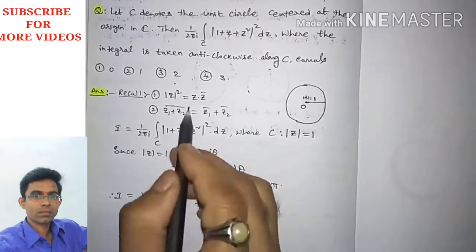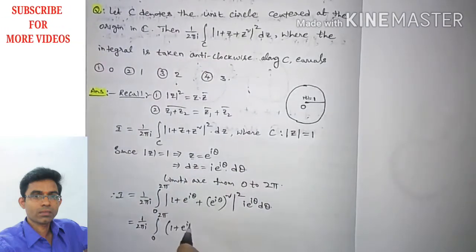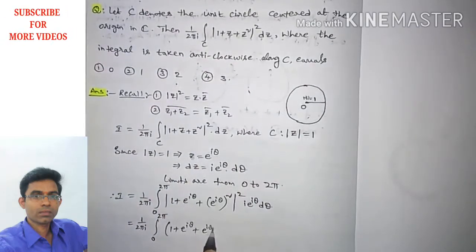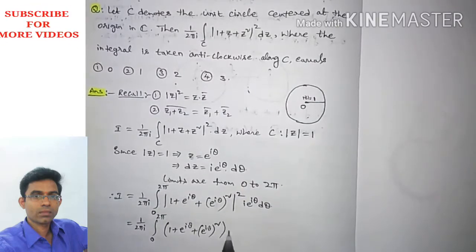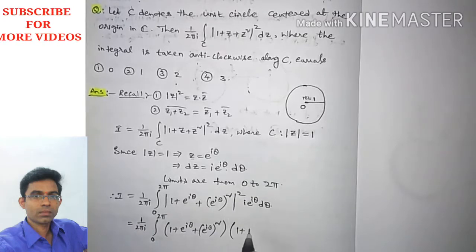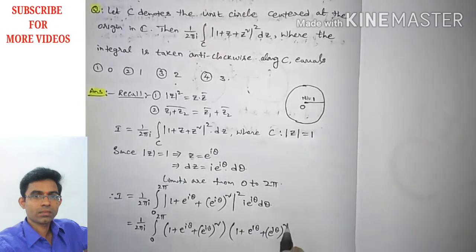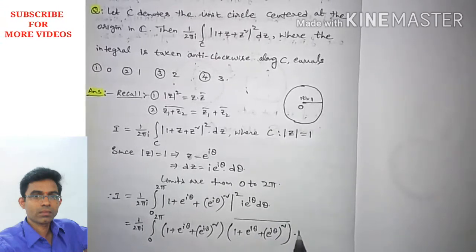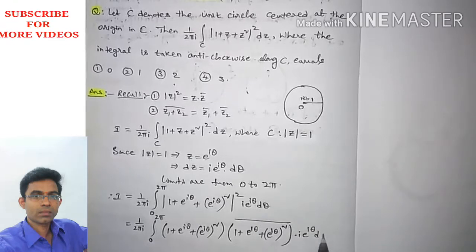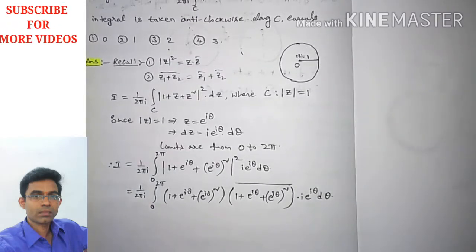So mod z square means we can write z into z bar, that is 1 plus e power i theta plus e power i theta whole square into z bar, which is 1 plus e power i theta plus e power i theta whole square, whole bar, into i e power i theta d theta. Now we will simplify this one.